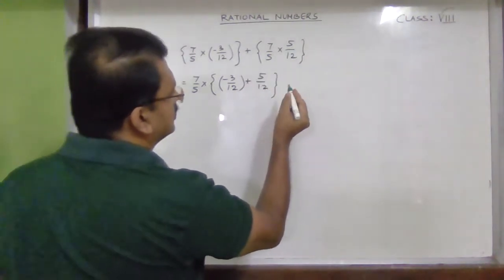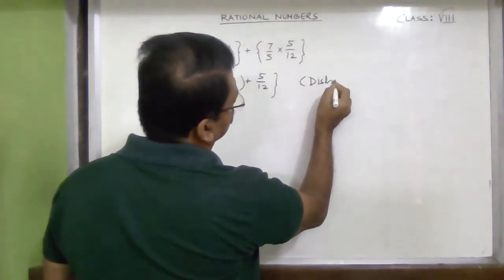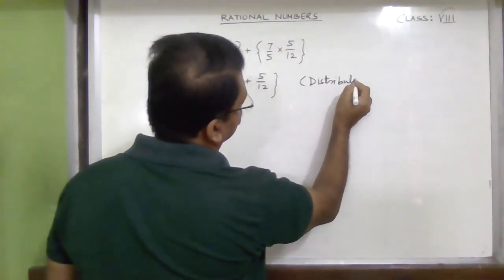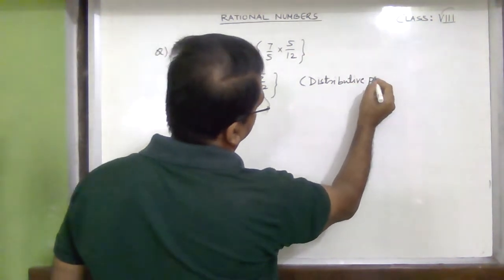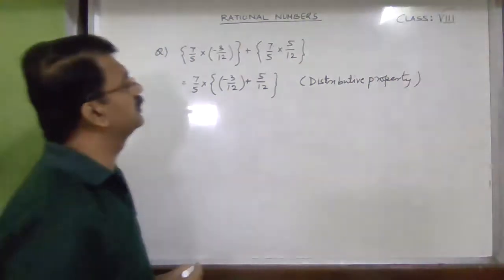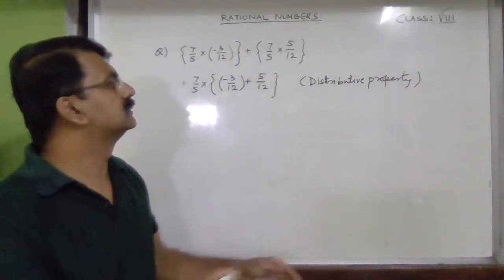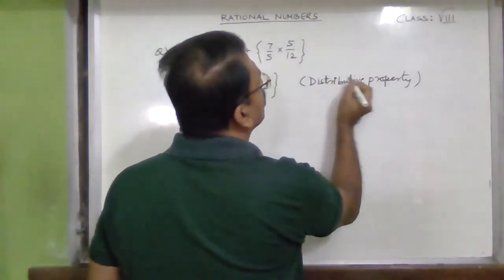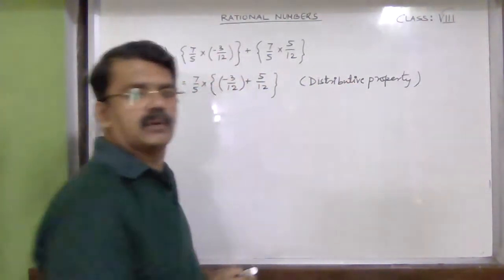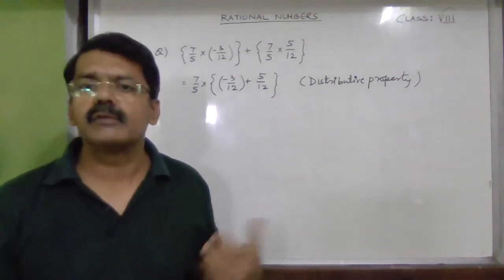Now this is called the distributive property. This is called the distribution of multiplication over addition.